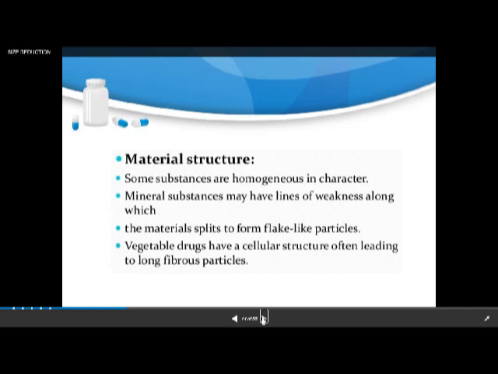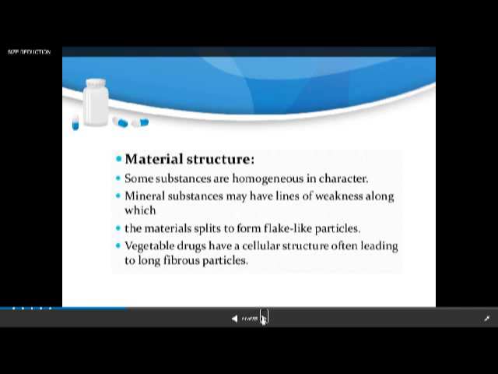There are various types of materials. Some materials, if we break them, split and form flake-like particles. Some drugs are fibrous in nature. Like vegetable drugs, if you look at parts of the plant, the leaves or the stem, most of those drugs are fibrous in nature. You will get a fibrous structure when you reduce the size, so it is difficult to reduce the size of that material.